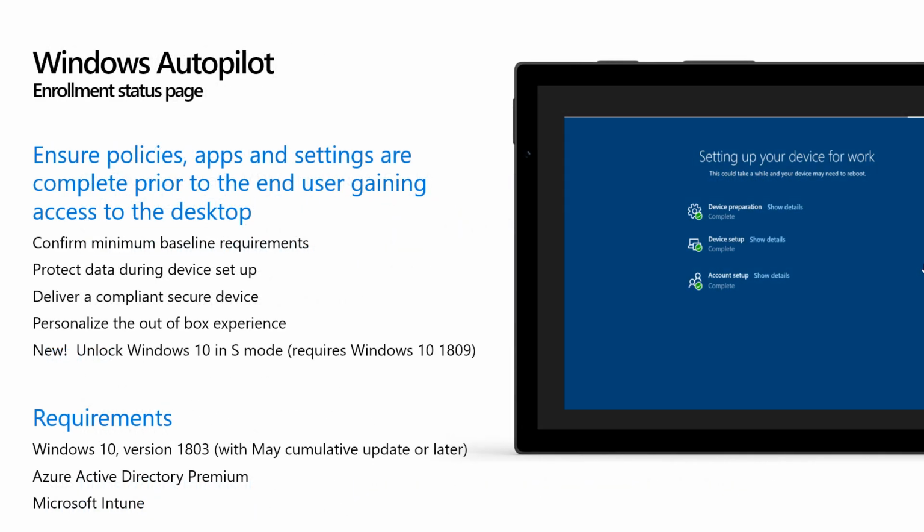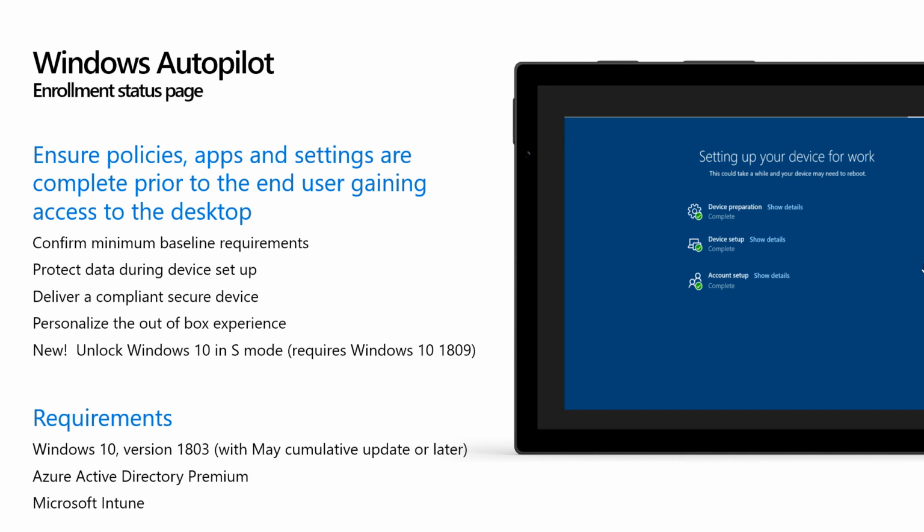And that's it. Okay, enrollment status page. I told you about that a few seconds ago. Enrollment status page is a part of the OOBE process, when you provide your credentials, choose your region, keyboard, second keyboard if you need.